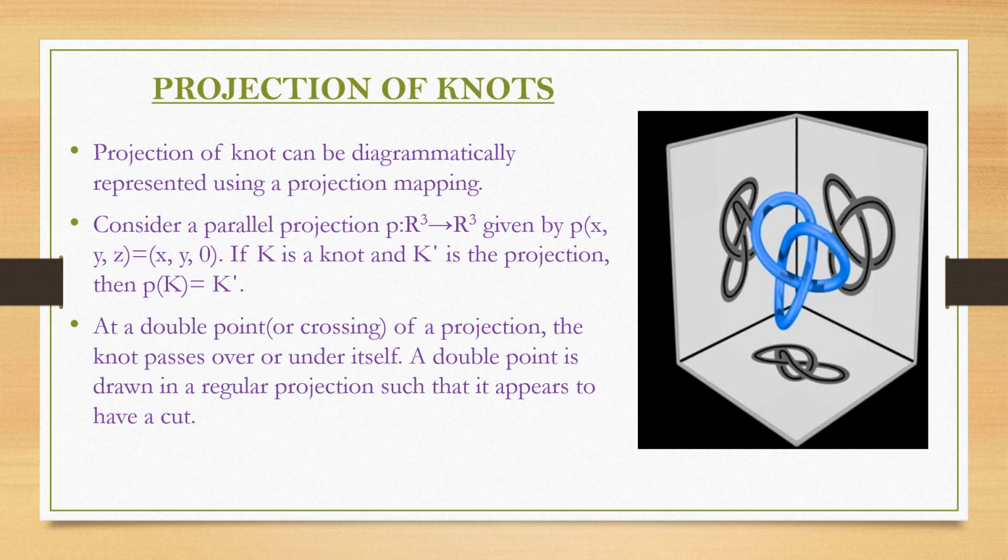Now we speak about double point. A double point of projection. Before speaking about double point, you must be clear. At the very beginning of the introduction of knots, I had stated that knots don't intersect themselves. But though the knots don't intersect themselves, their projections may seem that they intersect themselves.